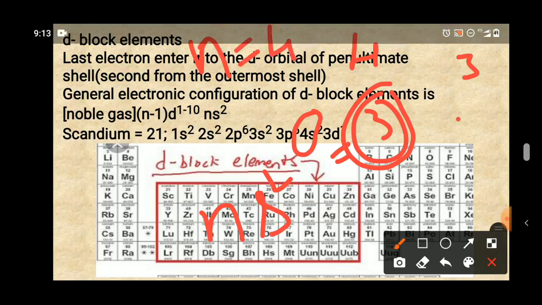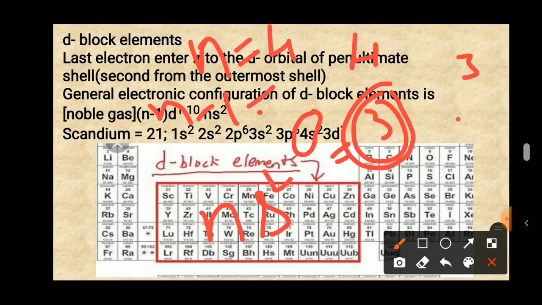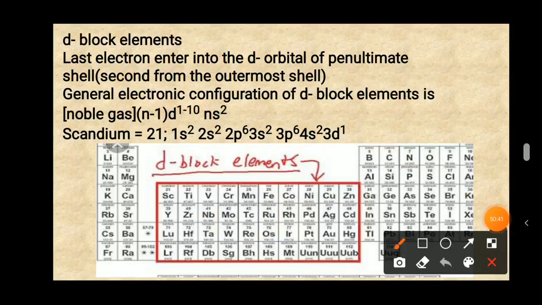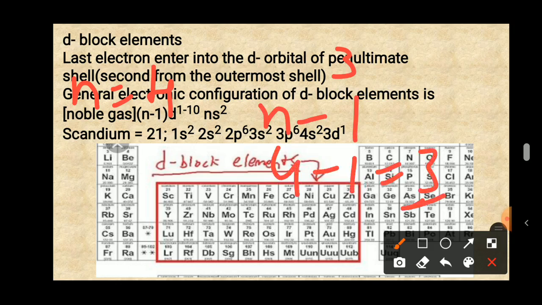If n is equal to 4, then n minus 1 becomes 3, that is 4 minus 1 is 3. So the second outermost shell, 3, is written in the form n minus 1. And n minus 1 goes with which orbital? That is 3d.